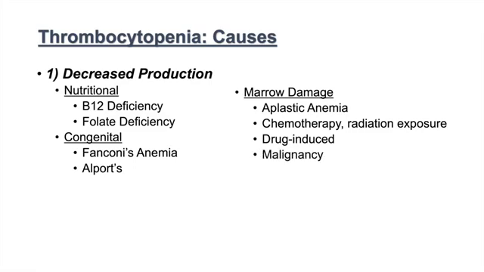There's also malignancy, if there are any cells that get into the bone marrow and basically invade it, there's less room or less ability for the bone marrow to produce megakaryocytes, which leads to fewer platelets. And there are also conditions such as myelodysplasia that cause problems in the bone marrow, leading to thrombocytopenia.